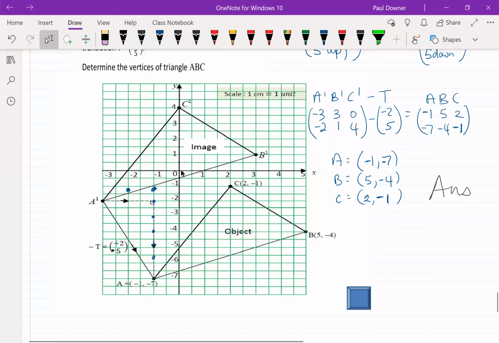And what is this point? Let's check it. It's (2, -1). Let's see if we got it by calculation as well. (2, -1). So we were able to find the points both by the drawing method and by the calculation method.